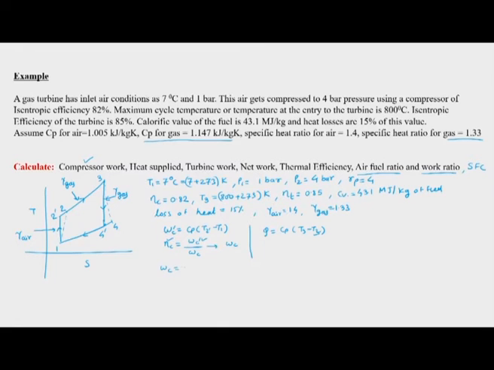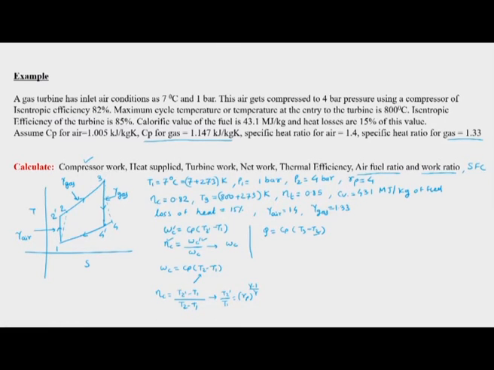Wc can also be found as Cp into T2 minus T1, but in this case we need T2. For T2 we use the formula: T2 dash minus T1 divided by T2 minus T1. Here T2 dash would be found from T2 dash upon T1 equal to Rp raised to gamma minus 1 upon gamma. So Rp is known, T1 is known, gamma for air will be used, and then we can find out T2 dash.